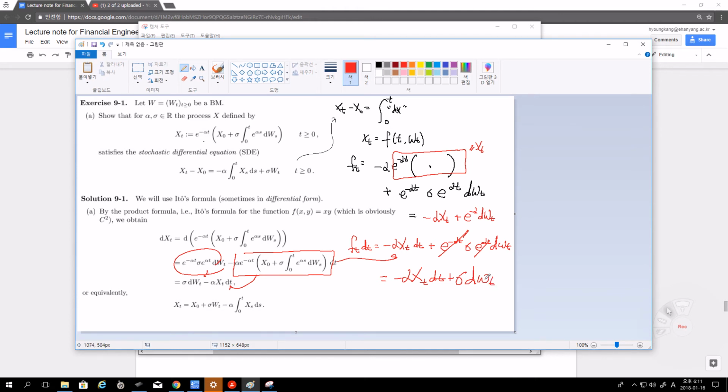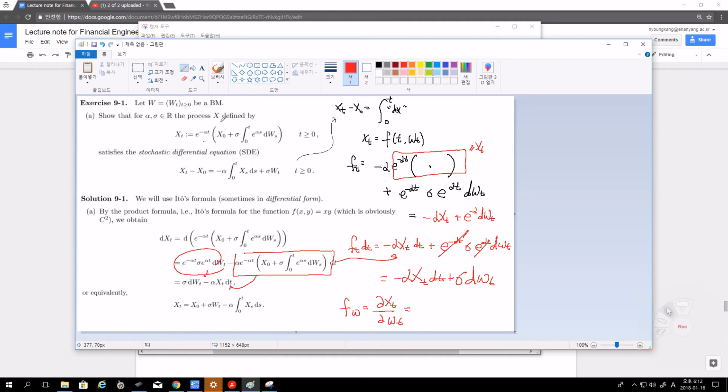We got this one. And then we want to calculate the dw, then fw, and then you can see this x function. We take derivative of f(xt) with respect to w, Brownian motion, but as you can see, this is not a function of Brownian motion, right?